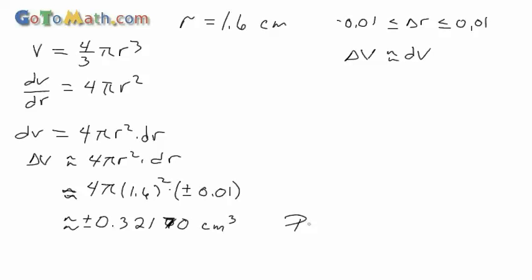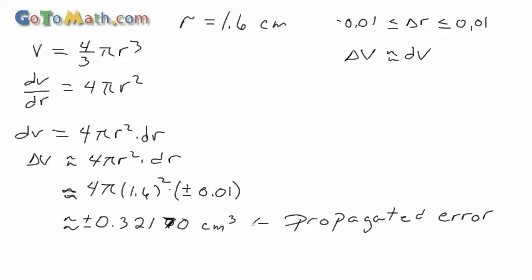I guess I'll write that out over here. Our propagated error. And you could actually round that up to like 0.32 or something like that.